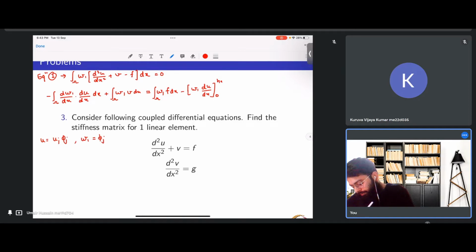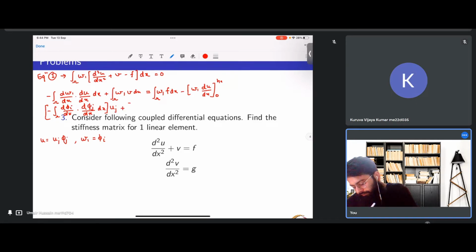So this becomes the integral of d phi i by dx times d phi j by dx times dx multiplied by uj.